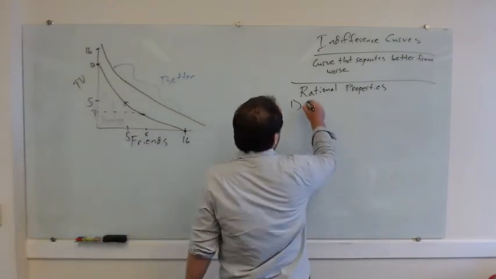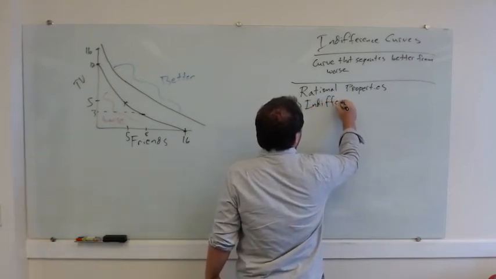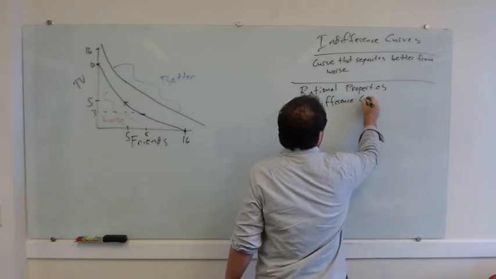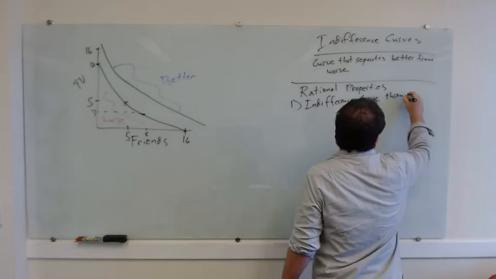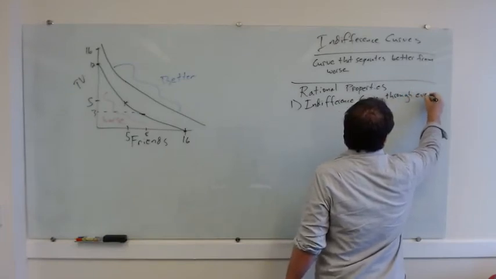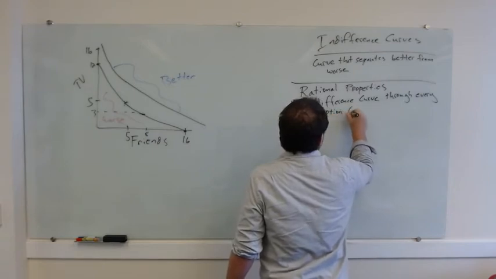So the first indifference curve goes through every option, because of completeness.